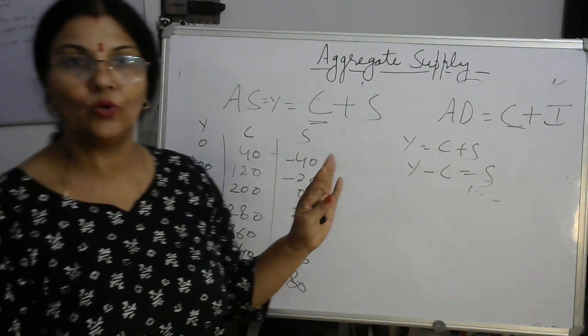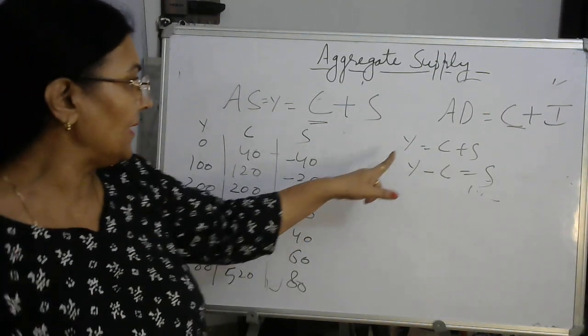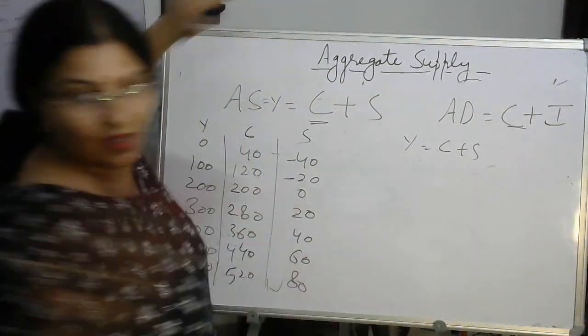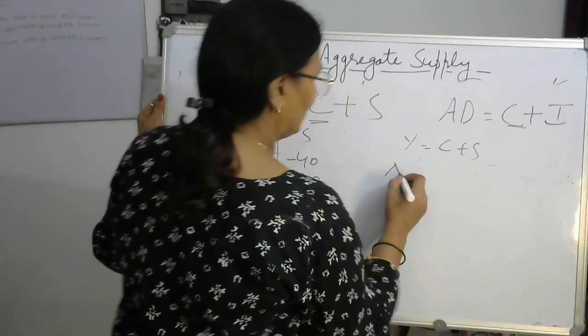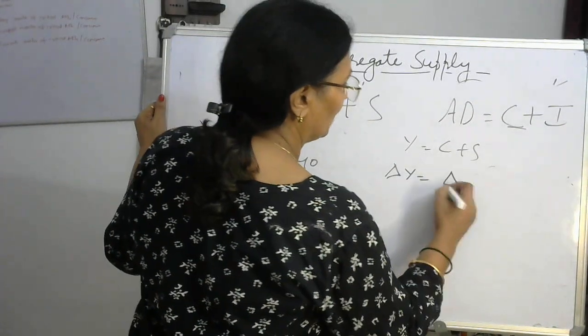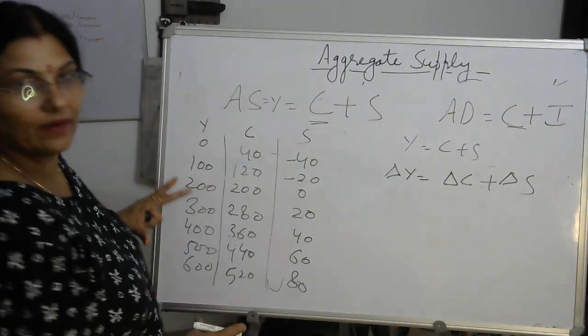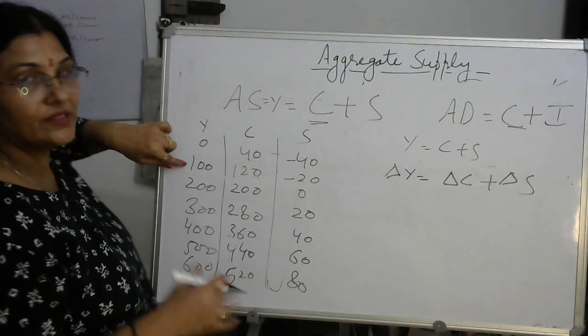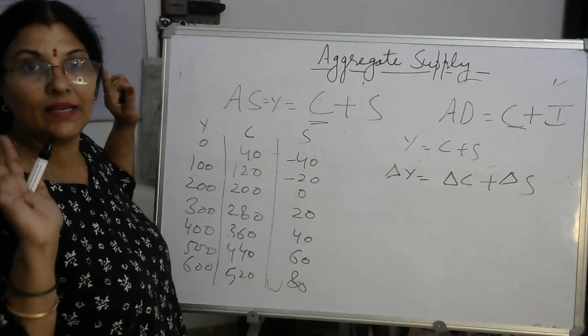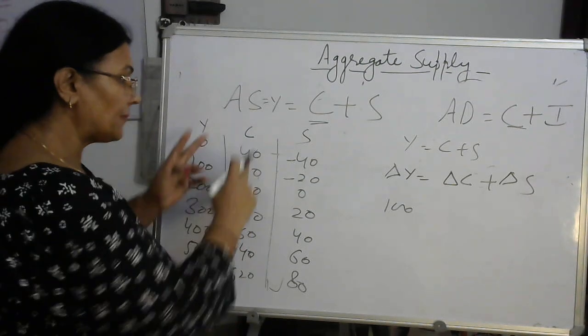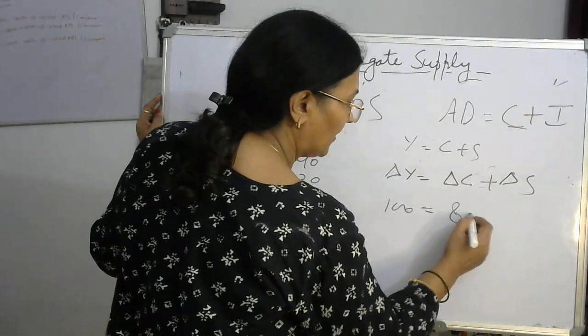Another important thing you have to remember: when Y is equal to C plus S, it means that change in Y will be equal to change in C plus change in S. In this table, you can see income is increasing by 100 crores and consumption is increasing by 80 crores.